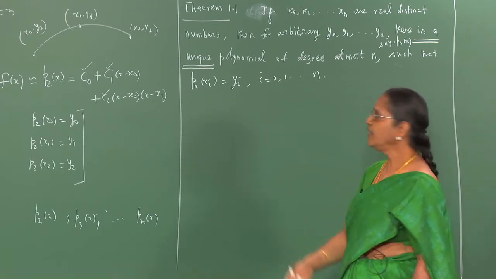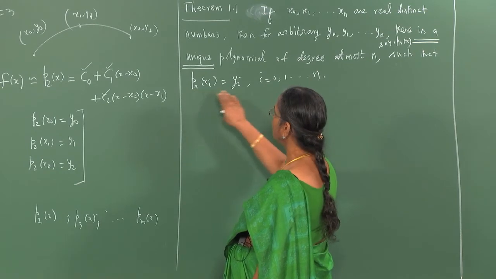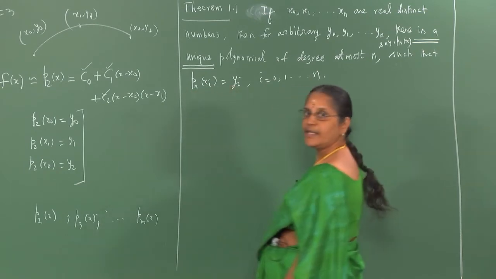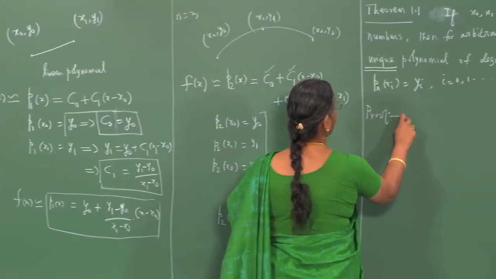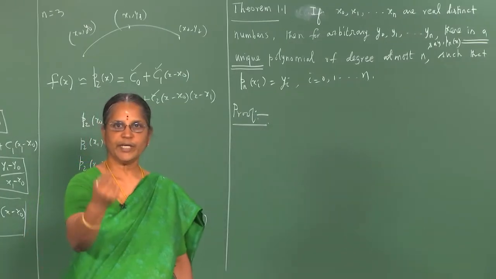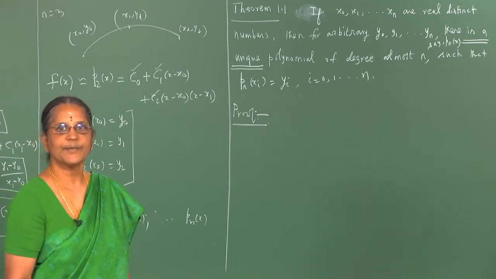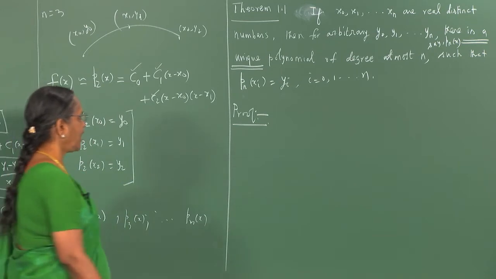What is its property? It satisfies the condition that it passes through the points xi, yi. So, Pn of xi equal to yi. Let us prove the uniqueness part. So, we want to show that there is a unique polynomial, one and only one polynomial that has this property that interpolates the set of discrete data points.